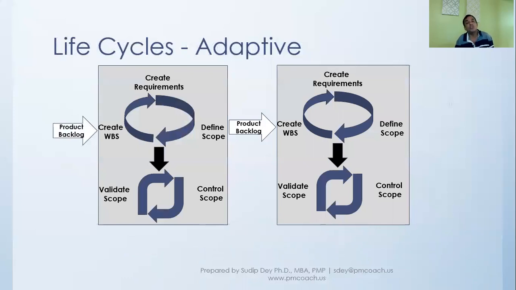So in agile, there will be continuous iteration, and we are taking smaller deliverables at every iteration. As you can see, there is a distinct difference in how we address this during the predictive life cycle as opposed to an adaptive life cycle.